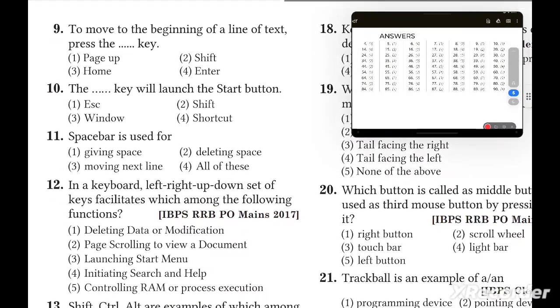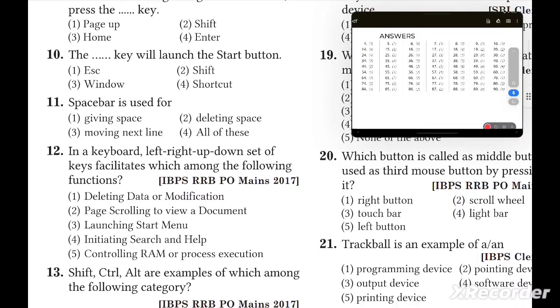Next question. To move to the beginning of a line of a text, press the dash key. First, page up; second, shift; third, home; fourth, enter. The correct answer is third, home. Next, the dash key will launch the start button.